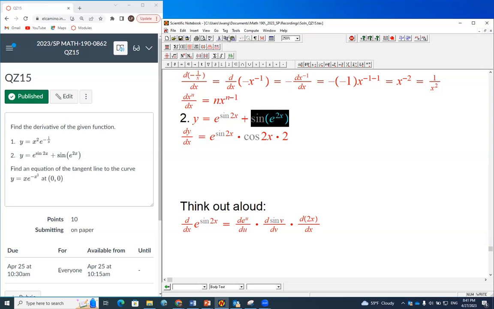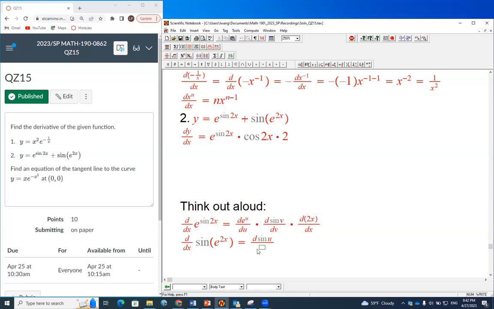Now for the derivative of sine of e to the power 2x, right? So that's going to be the new u. We're going to take the derivative of sine of u, and u obviously is e to the power 2x.